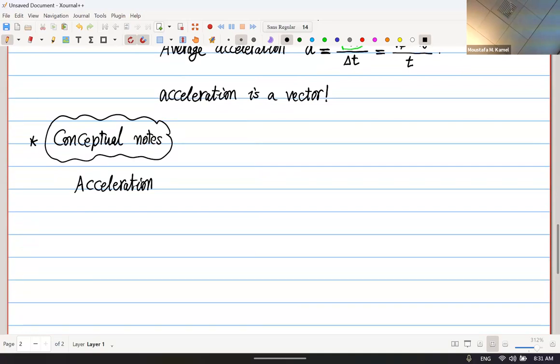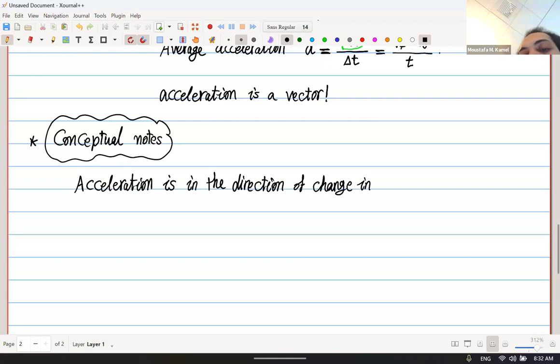Velocity is in the direction of motion. We're moving this way. This is the direction of the motion. But the change in velocity can be opposite to the direction of motion, for example if we're slowing down. So acceleration is in the direction of change in velocity, not velocity itself.